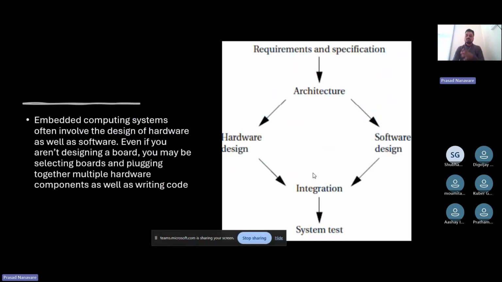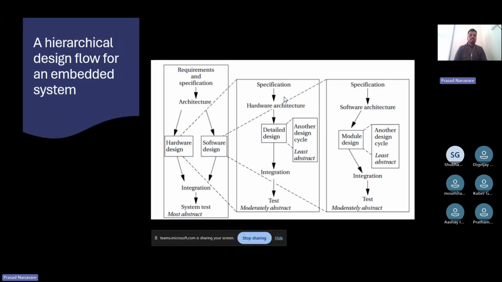Then we saw the hardware software combination, like how exactly it works: the hardware and the software will be developed independently, and then there will be integration. So this is the actual flow of embedded system designing. So requirement and specification, then architecturing, then hardware and software design.